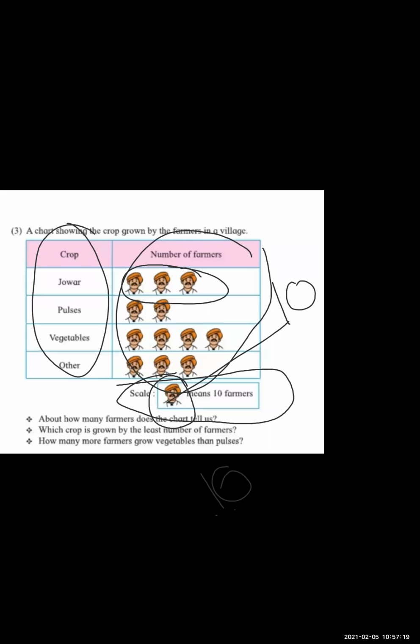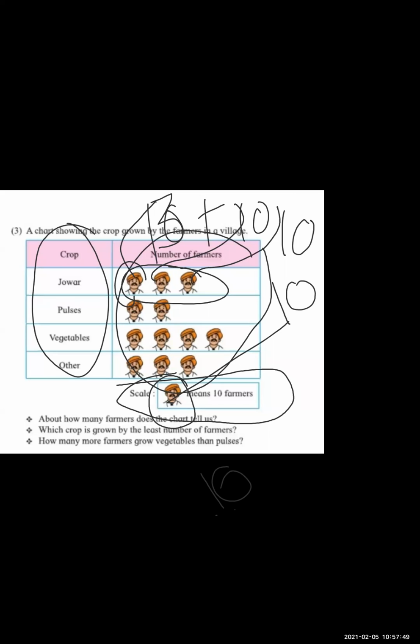Total 30 farmers are there, because we assume one farmer as 10. So 10 plus this 10 plus this 10. 10 plus 10 plus 10 is equal to how many? That is total 30 farmers. In the Jawar column, 30 farmers are there. Clear, everyone?